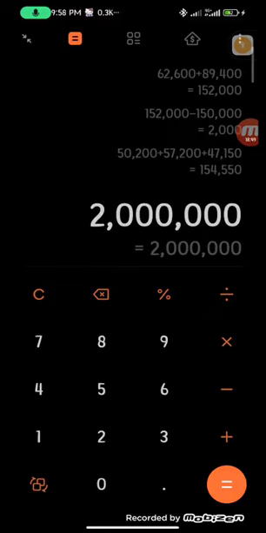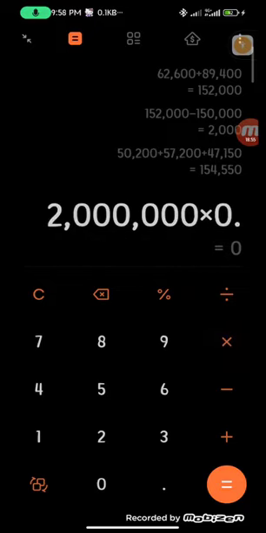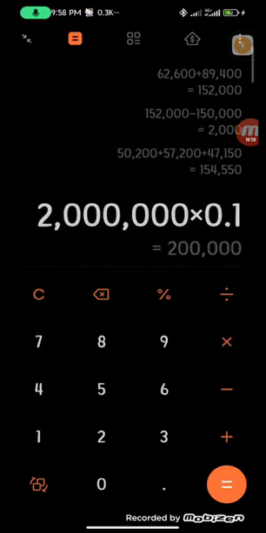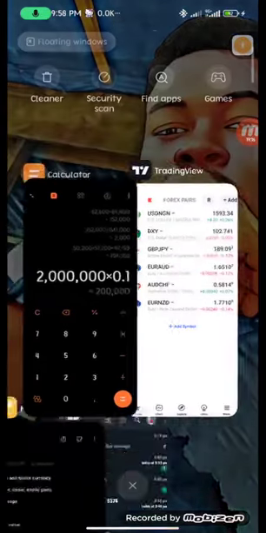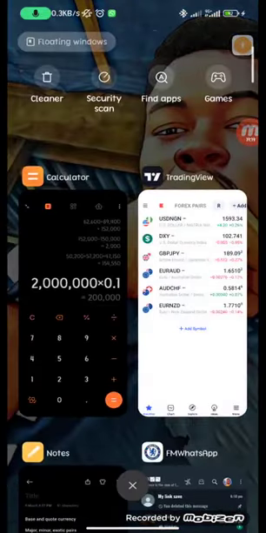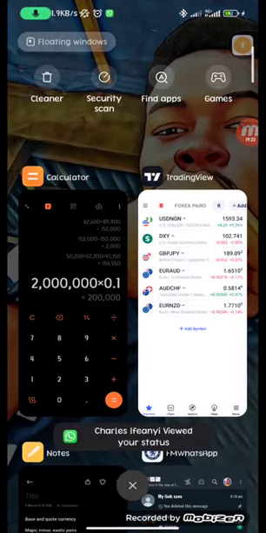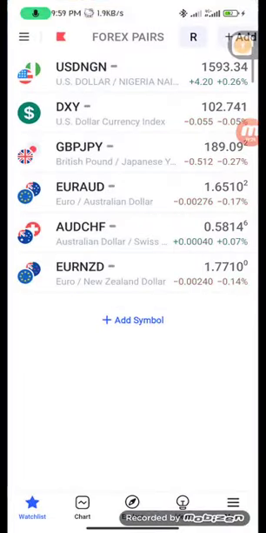If it appreciates by 0.1%, you're making a profit of $200. Are you seeing it? So for you to make a profit of $200 when it moves by 0.1, you will need to buy at least $2 million worth. So the question is, where will you get that $2 million to buy that large quantity to give you that kind of profit?